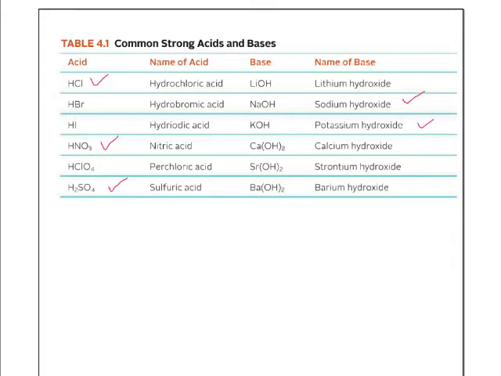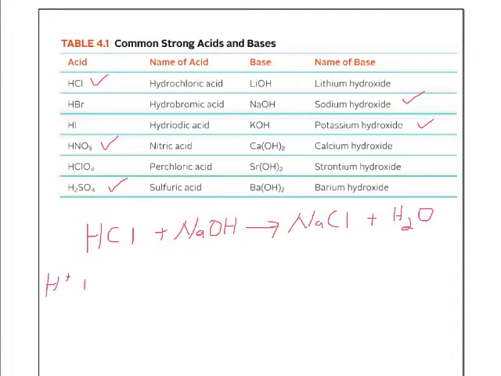Now, we can talk about what happens when we have a reaction between, let's say, hydrochloric acid and sodium hydroxide. Again, we're just going to assume a double replacement situation, which is in fact what happens, and we can write the products like so. If we take everything that is strong and break it into ions, and everything that is soluble and break it into ions, we're going to have a situation that looks like this.